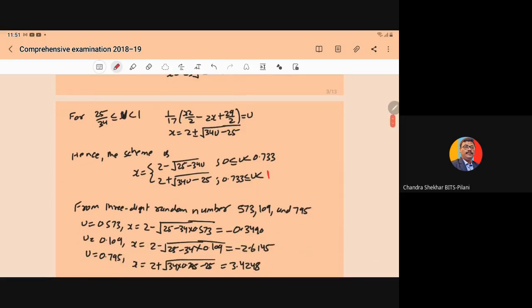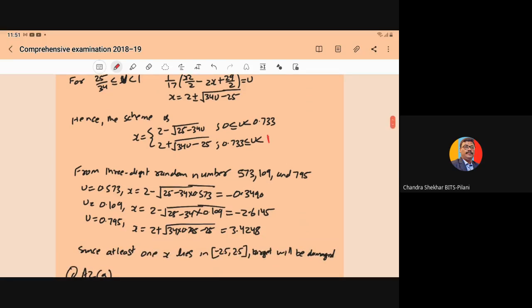So now in the question, we have the three random digits 573, 109 and 795. So when we put these random digits as u, u is equal to 0.573, u is equal to 0.109 and u is equal to 0.795, depending on the range, we have the values of x as minus 3.490, minus 2.6145 and 3.4248.